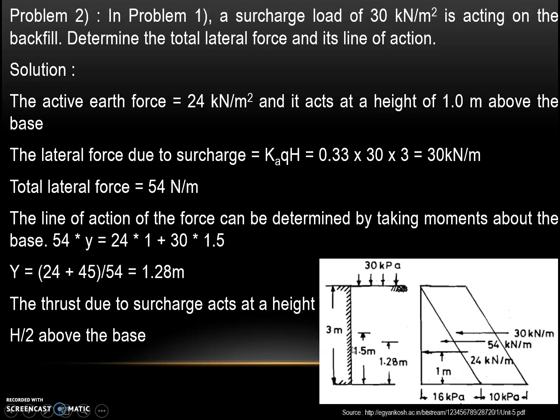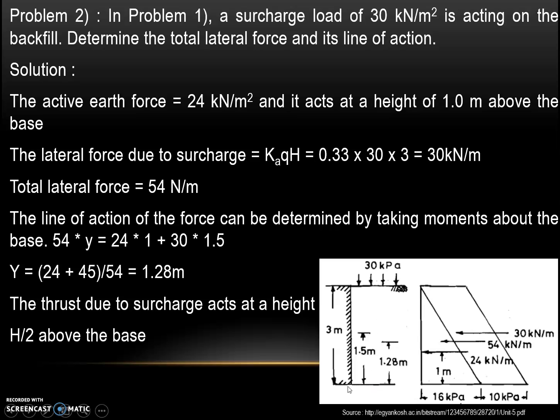In addition to it, there is a surcharge load which is acting, and its magnitude is 30 kN per square meter. So we need to find out what is the total lateral force exerted on the wall due to both of these. And also we have to find at what distance that resultant force will act from the base of the retaining wall.